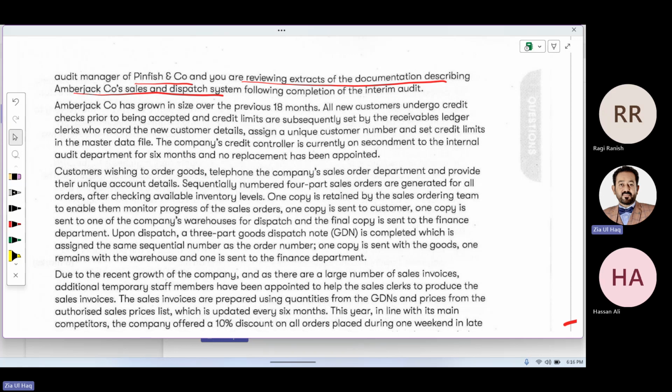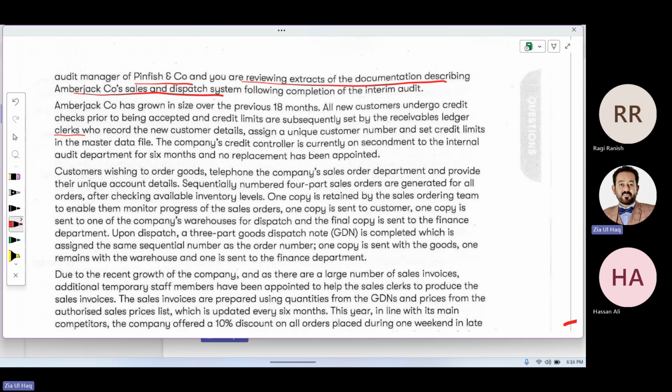But who is checking creditworthiness? The receivable ledger clerk. If a clerk is checking creditworthiness, he is not an appropriate expert who can ensure correct creditworthiness. He can assign an even higher credit limit to a customer who is known to him, who has a relation with him. And this could create problems for the company in future for recovery.